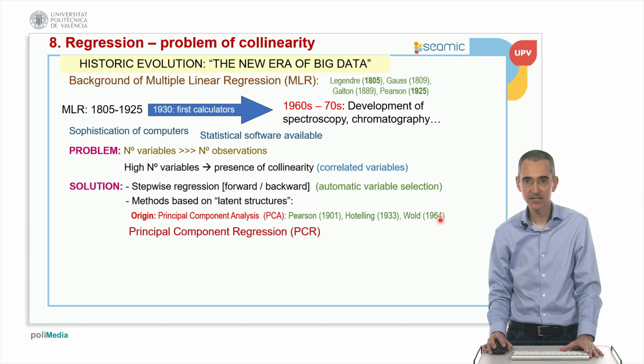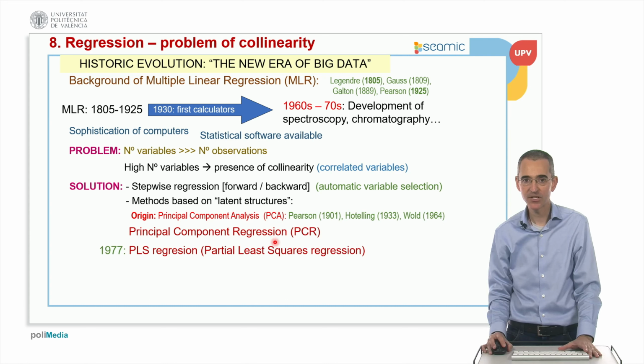Based on this development by Wold, there were software packages able to compute principal component analysis with an algorithmic procedure, and then based on PCA we also have the regression method called principal component regression.